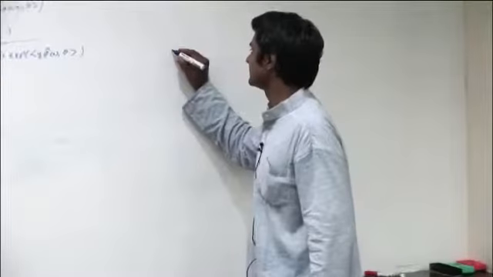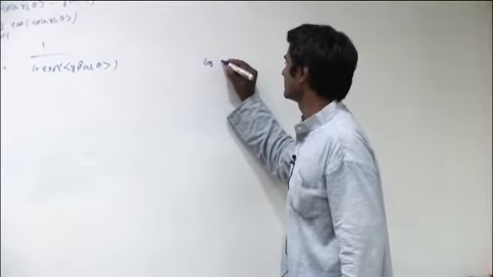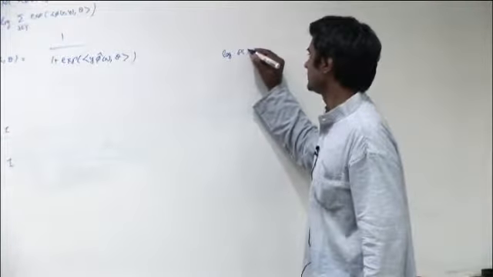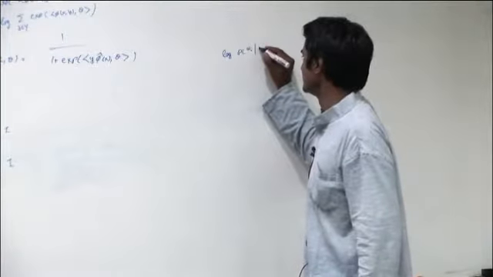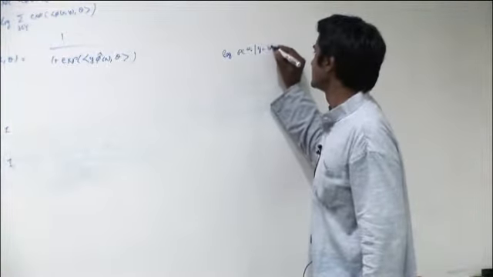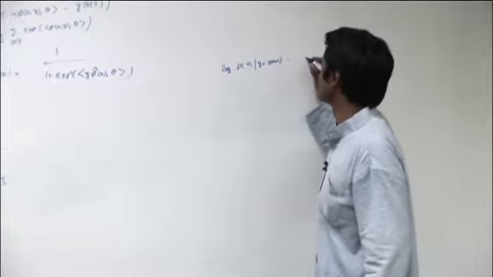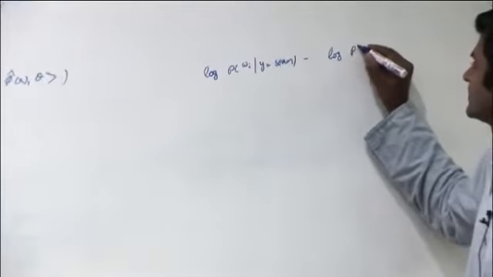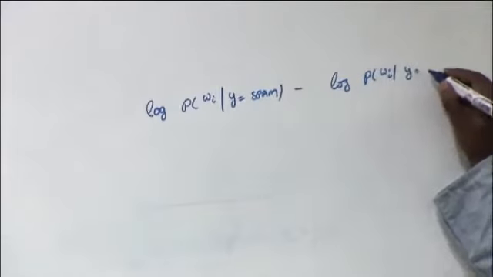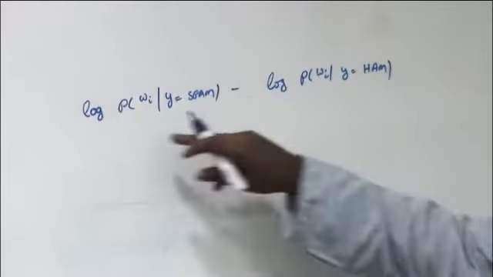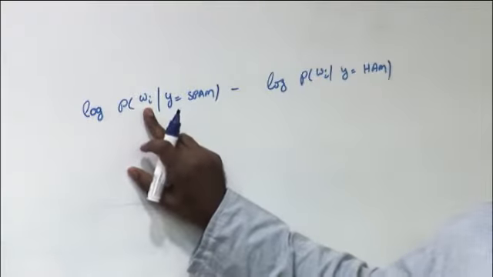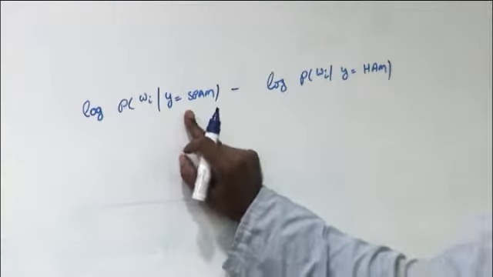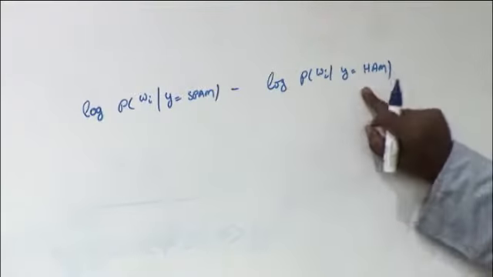Like for instance, we were computing log of P of W_i conditioned on y equals spam minus log of P of W_i conditioned on y equals ham. Do you remember we were doing these kinds of transformations? So what we said is we're going to look at each word. We'll say how likely is this word to occur when the email is spam versus how likely is it to occur when the email is ham.